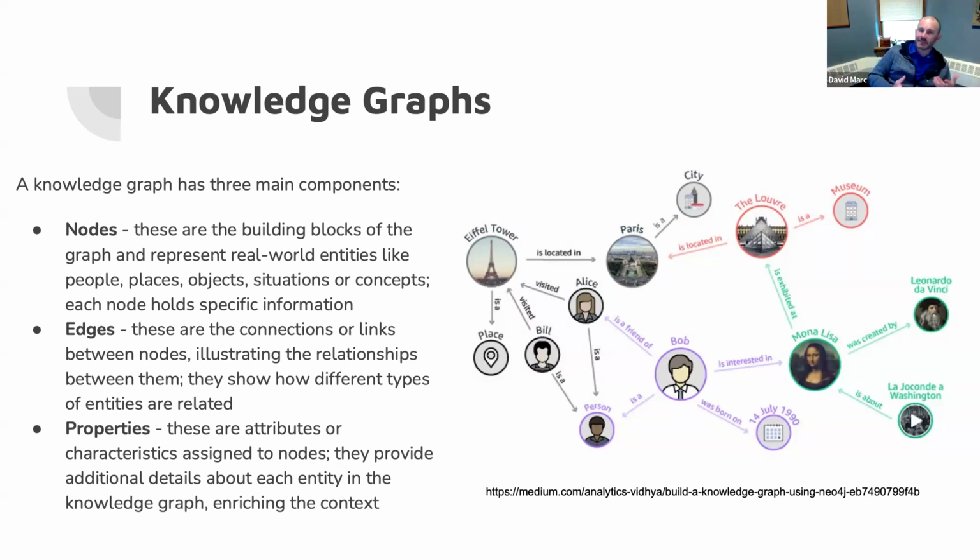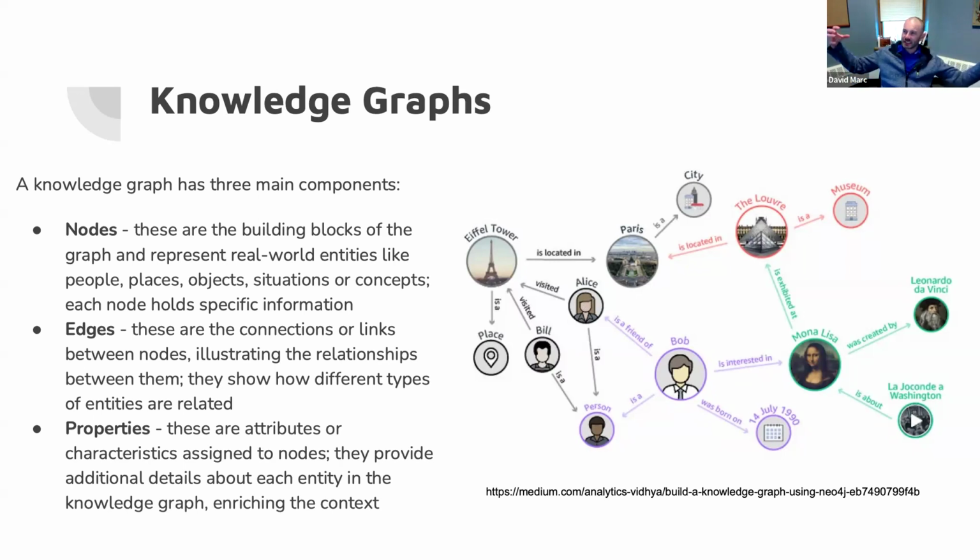So this is an example of a knowledge graph that can allow us to represent the relationship between location, between attractions based off of location, and between people that might be interested in those attractions. So Bob is a person. Bob is a friend to Alice, and Alice visited the Eiffel Tower.